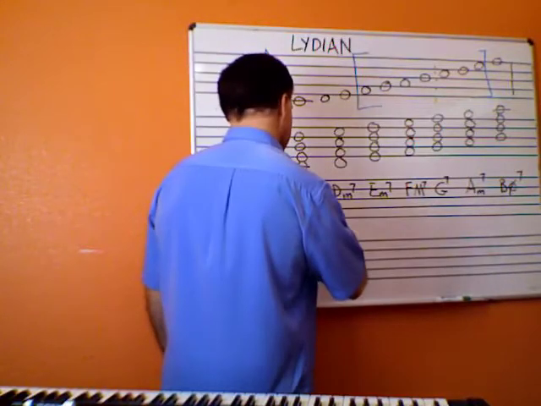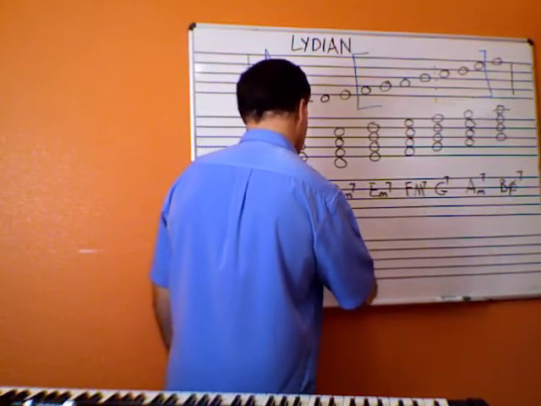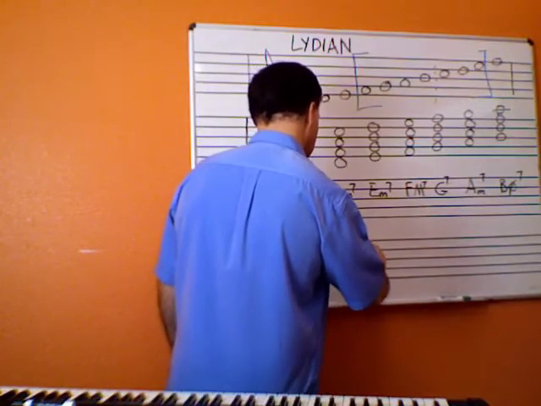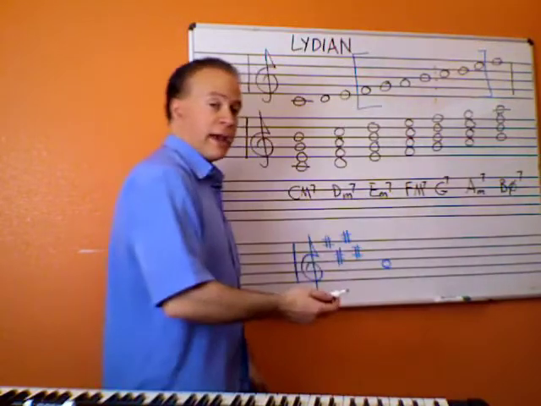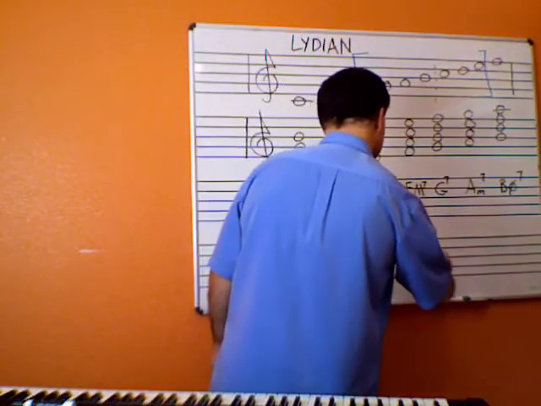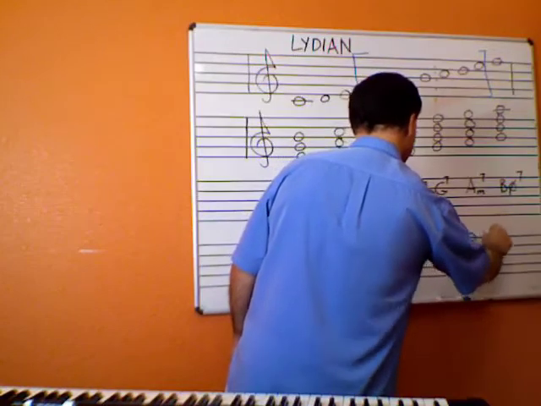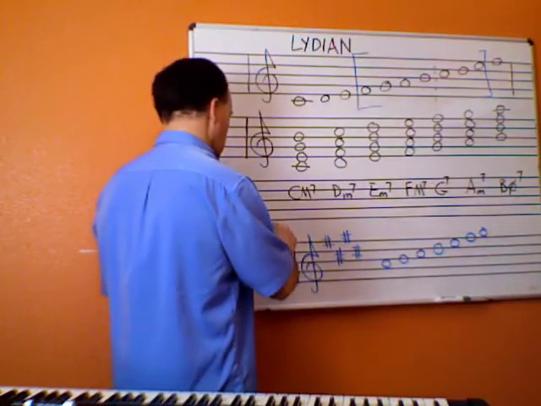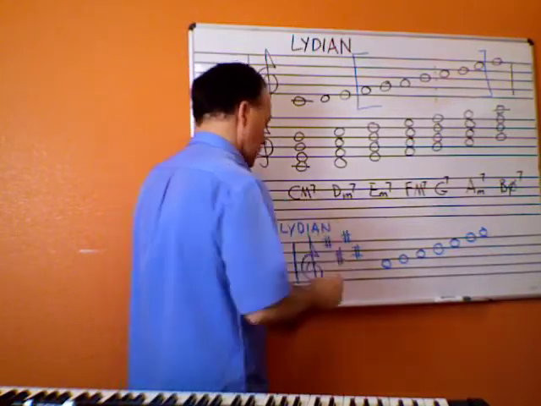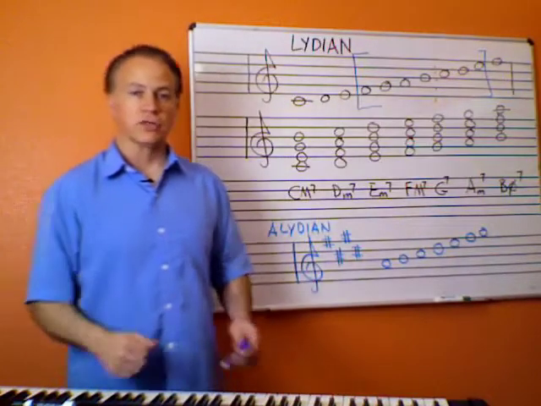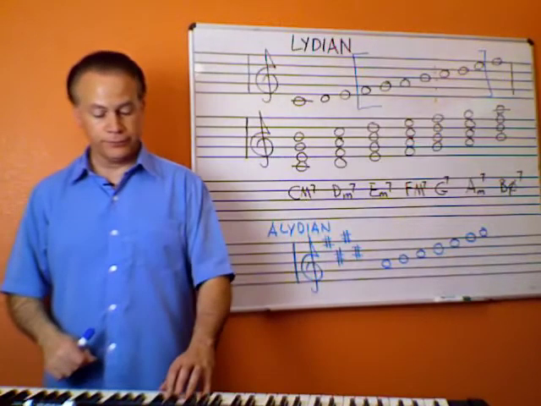So if I put the key signature of E major here, and then started my scale on A, I would get the A Lydian mode. There we go, A Lydian. The E major scale starting and ending on A.